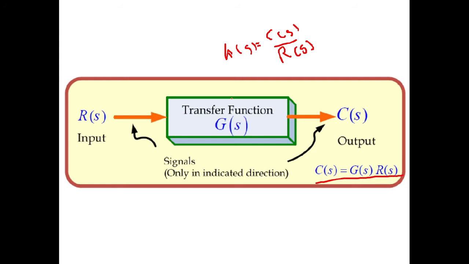So whenever there is a block and you want to find the transfer function, it is output upon input, and when you want to find the output, it is the transfer function multiplied by the input. Here you can see the transfer function G of S multiplied by the input. So the output will always be the transfer function multiplied by whatever the input is.